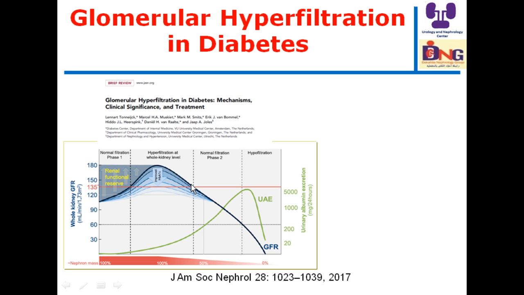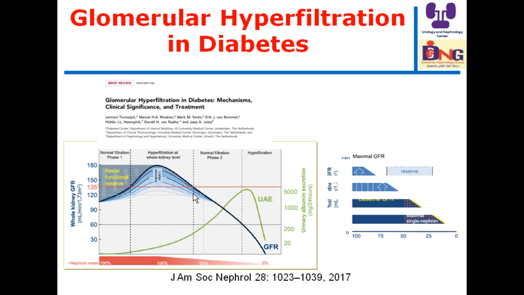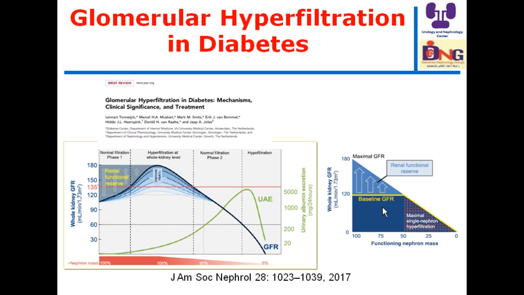So if you look here, even after the end of the hyperfiltration phase, the nephron mass is diminished, reaching 50%, and still the GFR is normal. If we look at this part of the figure, the GFR is 120 ml/min, from this point to that point.